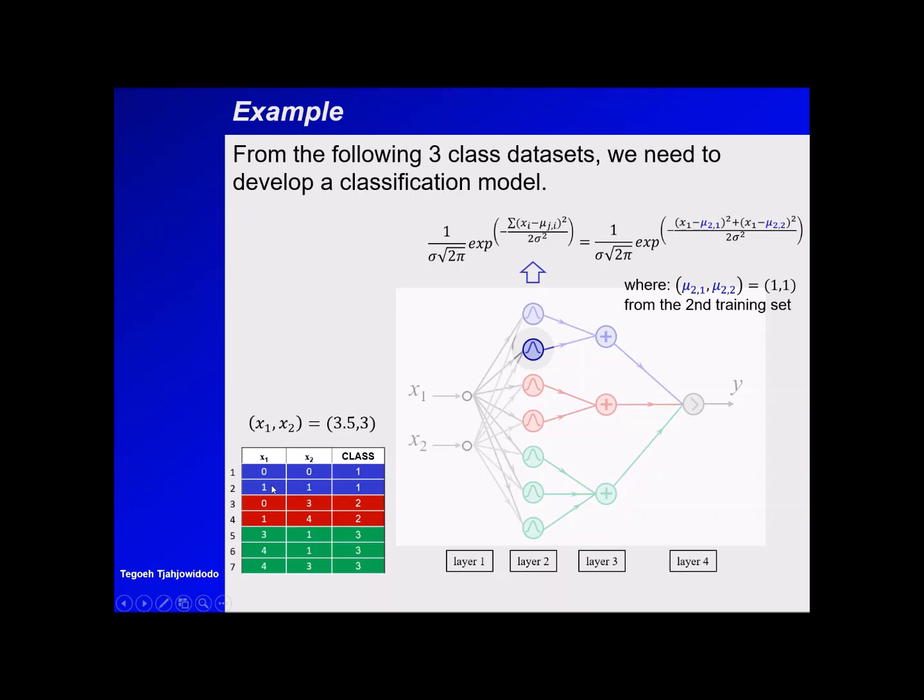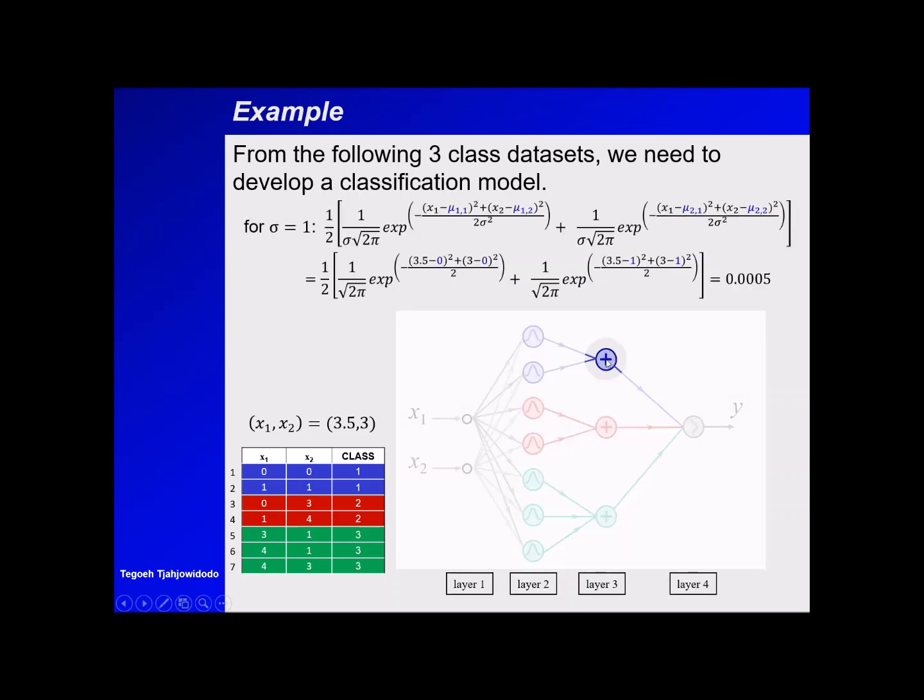So mu2,1 will be equal to 1. x2, this is supposed to be x2, is 3. I made a mistake here. Please take note, this should be x2. And mu2,2 is the second input from the second training set, which is 1. So you have to do that for all of these neurons in the second layer.